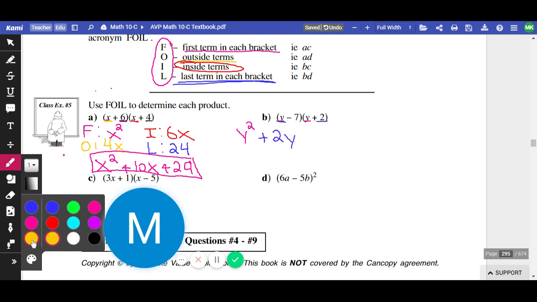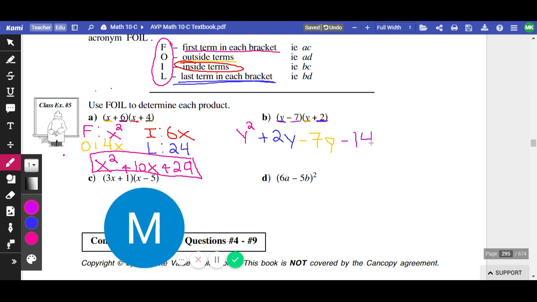The I in FOIL stands for inside of the sandwich: negative 7 times y is negative 7y. And the L in FOIL stands for the last term of each binomial, negative 7 times 2, which is negative 14.